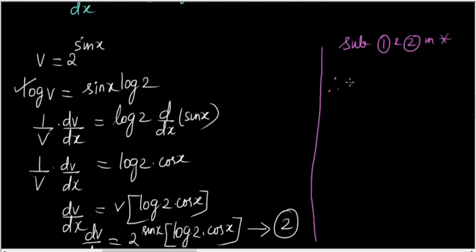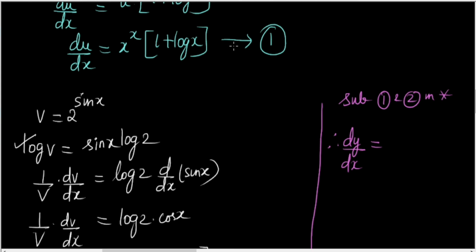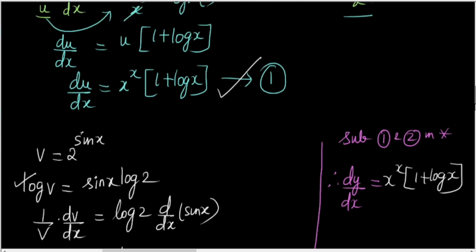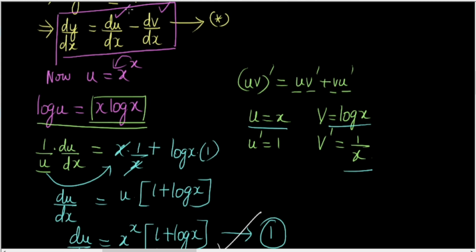So therefore dy over dx is equal to du over dx, it's our first value. So this I have to write down as it is: x power x times (1 plus log x), and in between we have got a minus sign, that also we should consider.